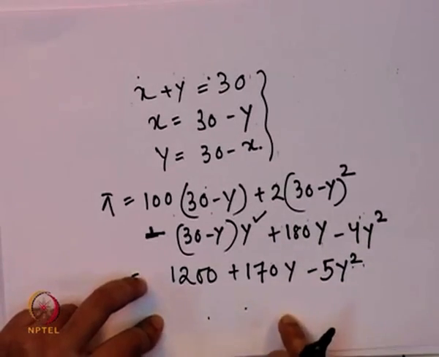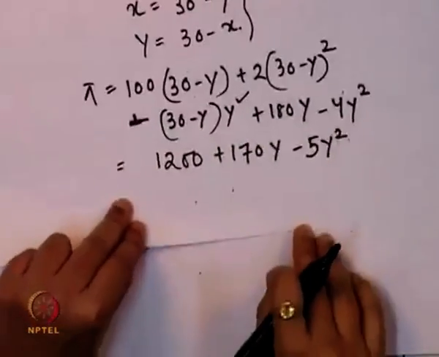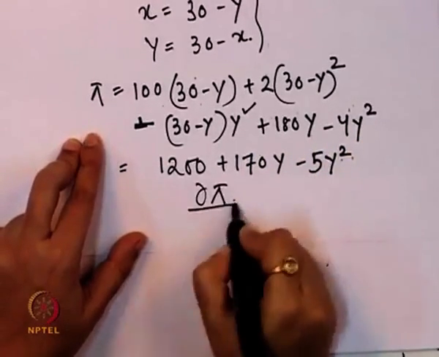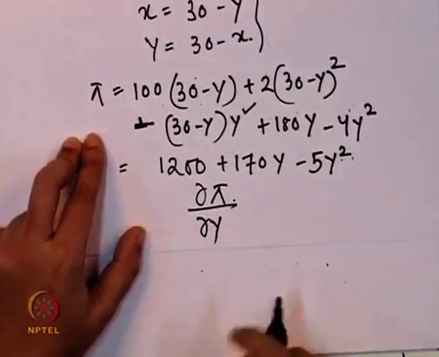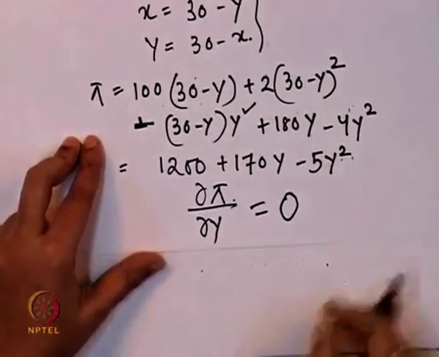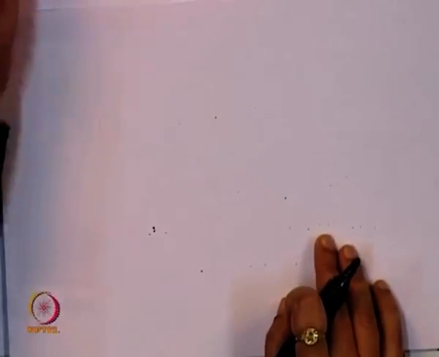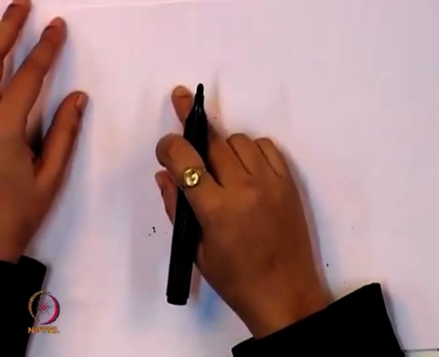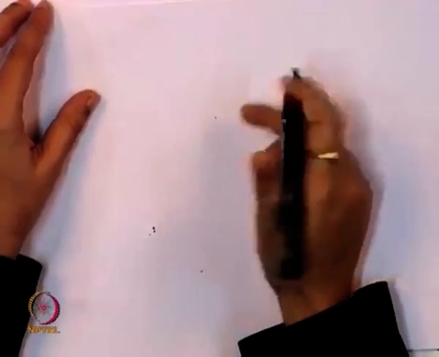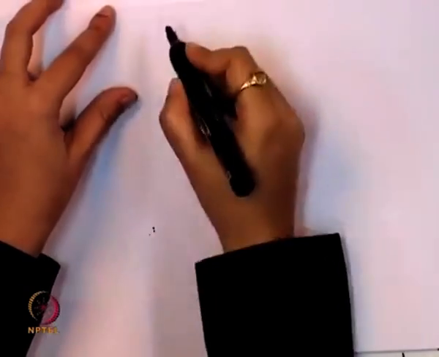Now to find out the value of y, what do we have to do? We have to take the derivative of pi with respect to y, and set it equal to 0. So this is the first order derivative, because for any maximization or minimization rule, in order to get the value, the first order derivative always has to be equal to 0.